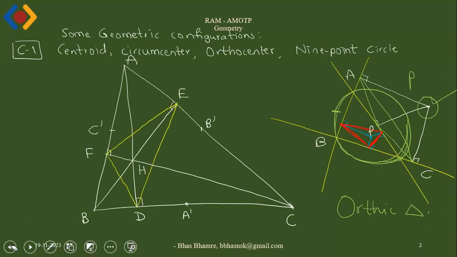So the altitude on the hypotenuse of a right angle triangle is the Simpson line or pedal line of the triangle. Okay, so that is a special case. Means the orthic triangle of a right angle triangle is the Simpson line.